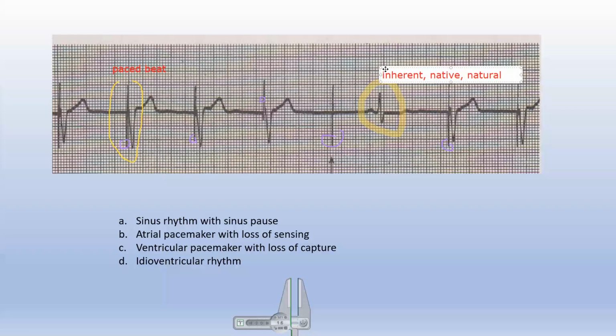It is going to be a normal pattern, and therefore it's going to be important to identify it because we know that the patient is not 100% relying on the pacemaker. In addition to that, though, we have a very significant finding.